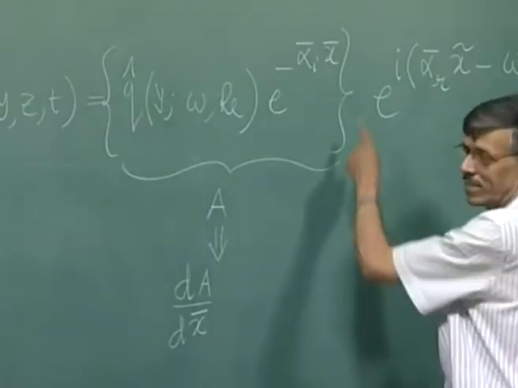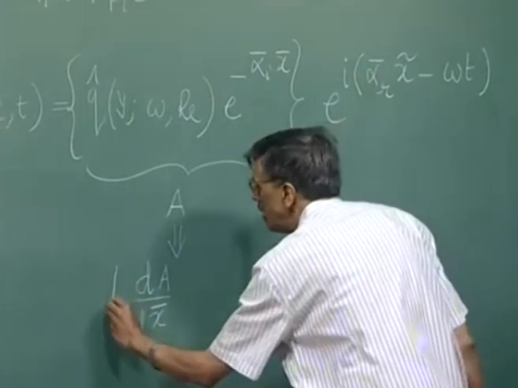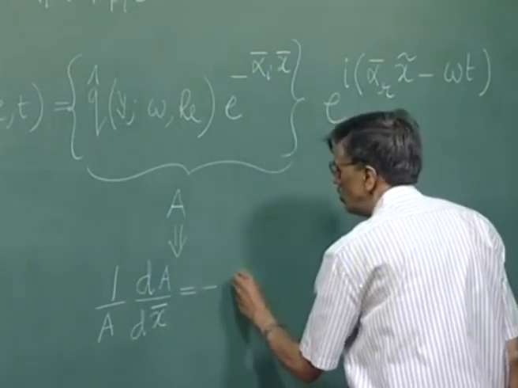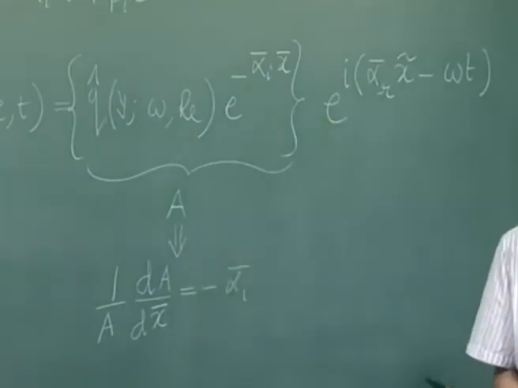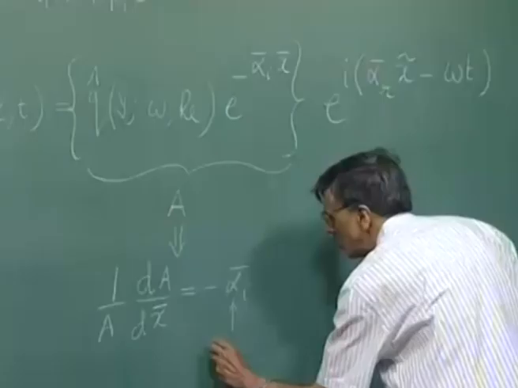Then what do I get? Minus alpha I times a. So, if I divide it by a, I get this is equal to minus alpha I bar. So, that is the spatial amplification rate.